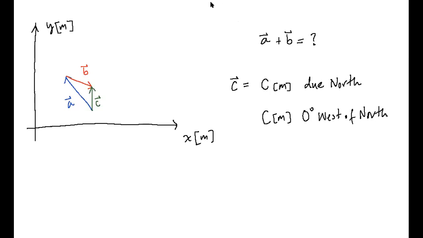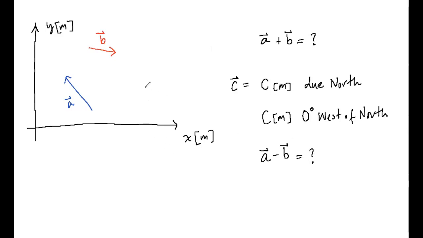I will erase these vectors that I have here, and I'm going to redraw vector B. So let's say there's vector B, and let's suppose I want to find out how to subtract B from A. In this case, I'm not doing an addition, I'm doing a subtraction.